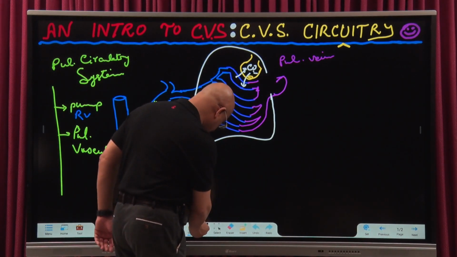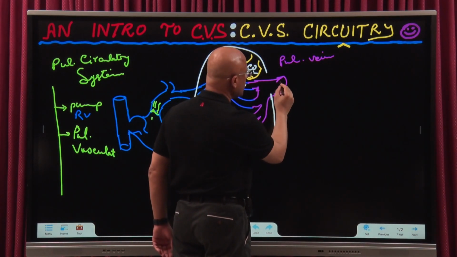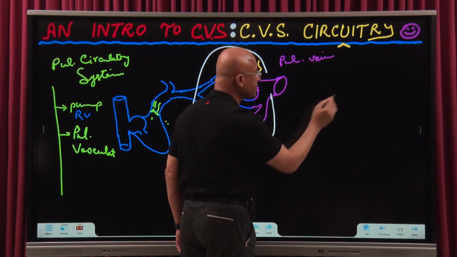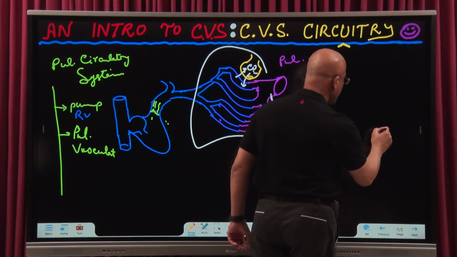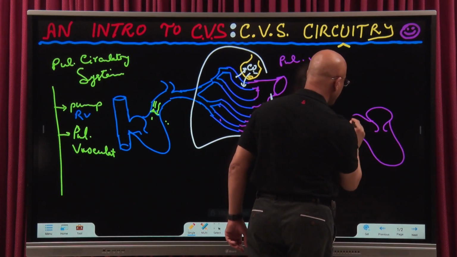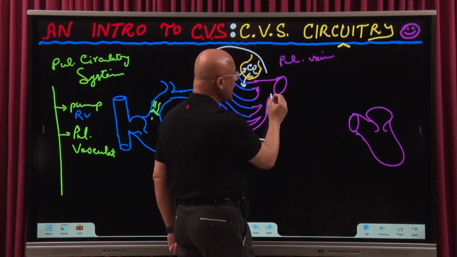yes, I should draw that. Pulmonary venous system will eventually drain into the left side of the heart. Now, the pulmonary venous system is going to the left side of the heart. Now, what will happen?